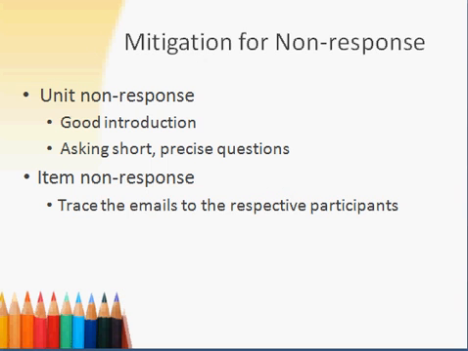Moving on. Besides that, how do we mitigate our non-responses? First and foremost, to mitigate unit non-response, we ask short and precise questions. We make it really simple so people don't procrastinate too much. And as for the item non-response, we trace the emails to the respective participants.